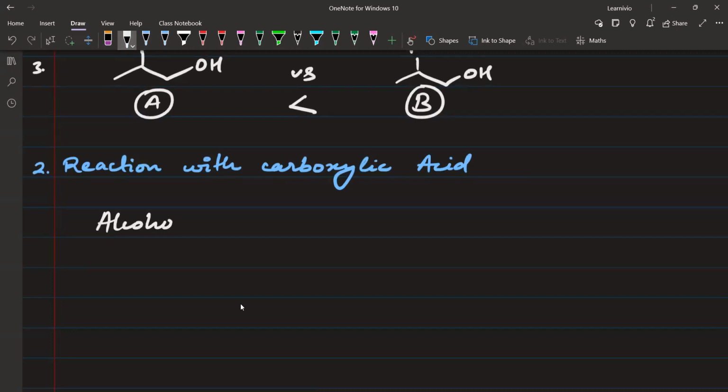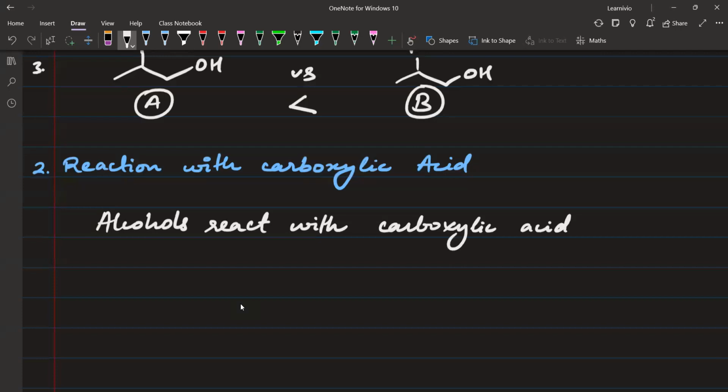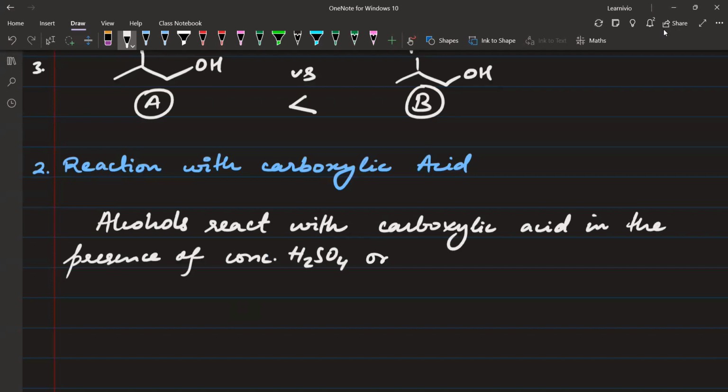Alcohols react with carboxylic acid in the presence of concentrated H2SO4 or dry HCl to form ester.